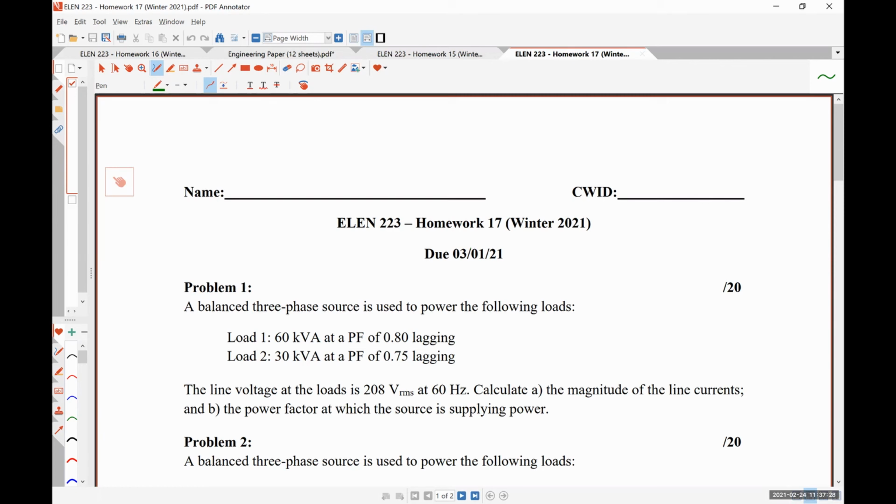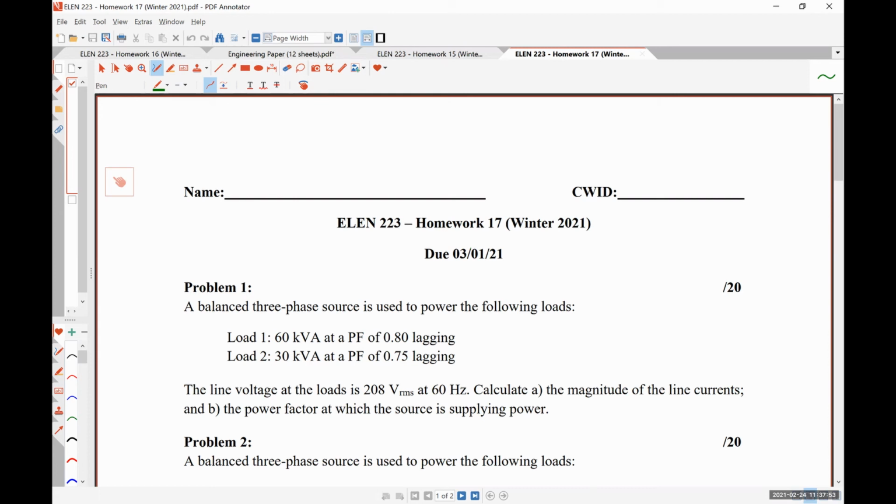So if you know how I would approach problem one here, I have enough information to figure out what the complex power absorbed by load one is, and I have enough information to figure out what the complex power absorbed by load two is. It doesn't matter whether the loads are Y connected or delta connected, they have to be connected in parallel. There's literally no other way you could do it.